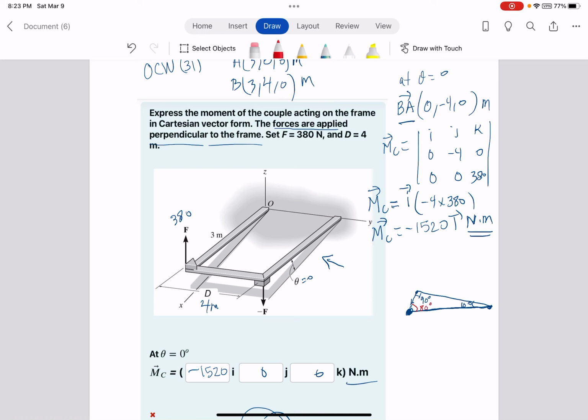So the remaining is 80 degrees, and that is the force angle with the x-axis. If you extend the force like this, this is going to be the y and this is going to be the x.